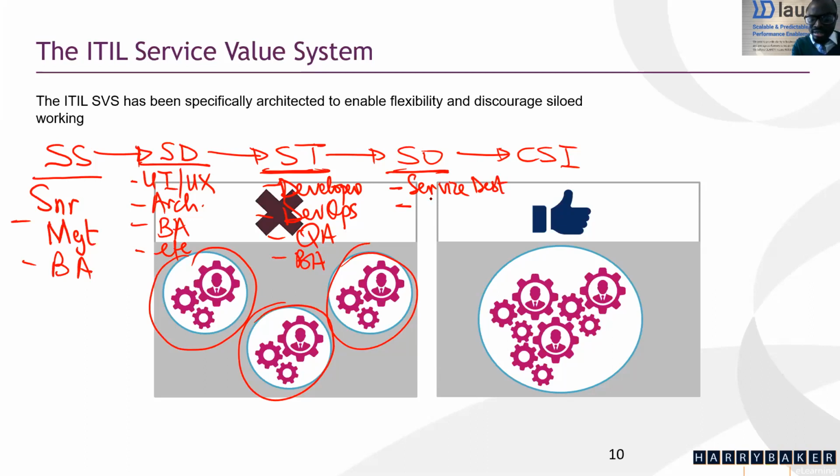We have, to some extent, field engineers and some other engineers there. And likewise, we have BA there as well. I'm going to be coming back to that. And when it comes to CSI, we've got BA, and we've got the service manager and all of those other guys working there. Now, many times, people then see them as departments. So they organize themselves around these departments.